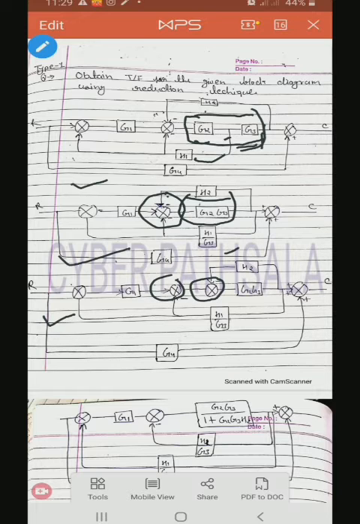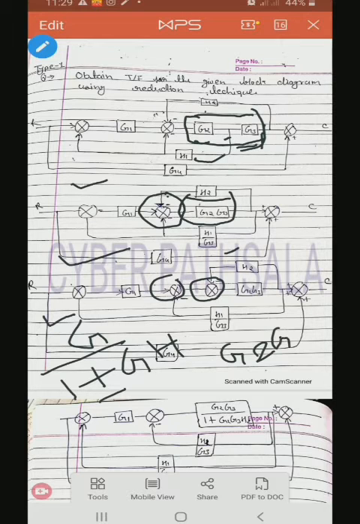You know the formula, G upon 1 plus GH when you have negative feedback, and the sign changes when you have positive feedback. So when you solve this, you get G2 G3 upon 1 plus H2 G2 G3.